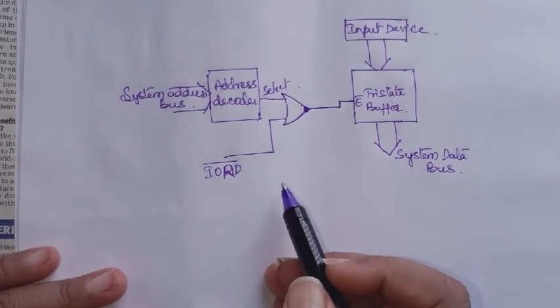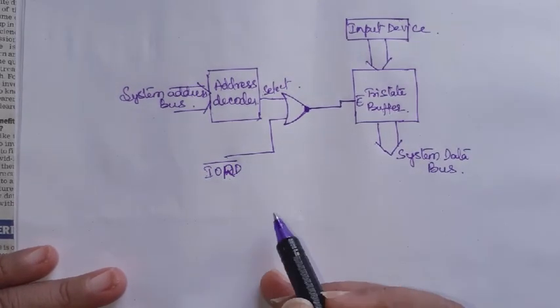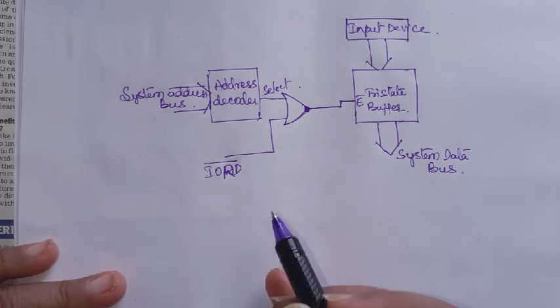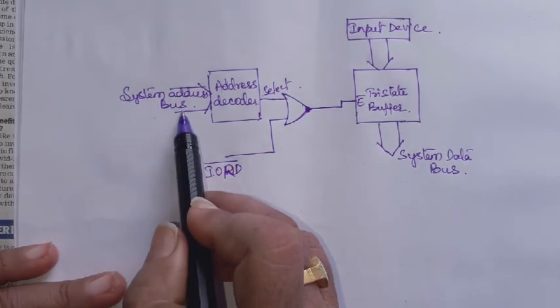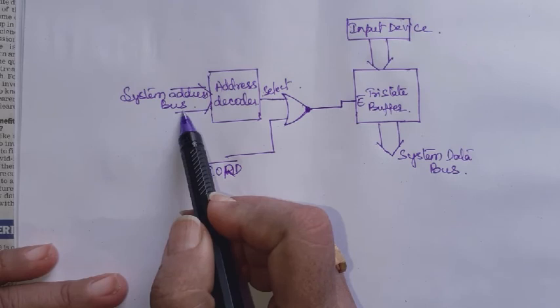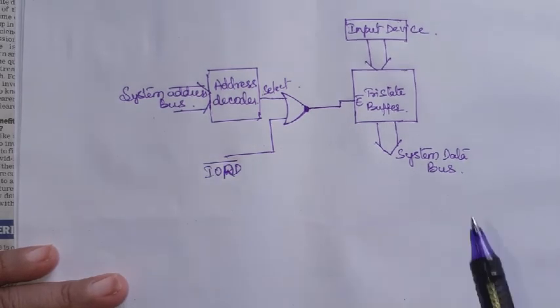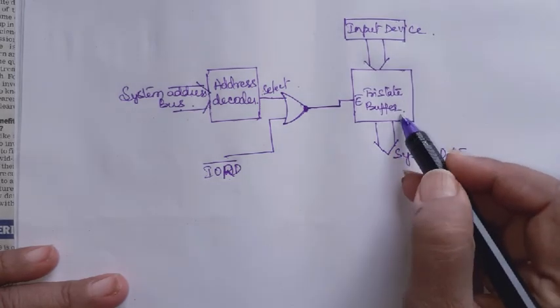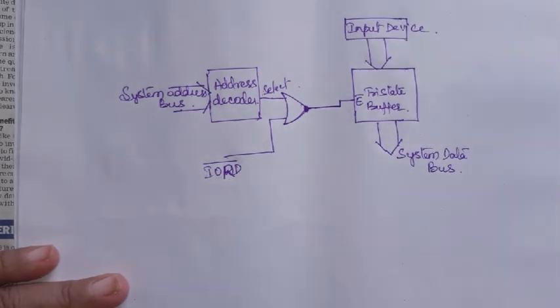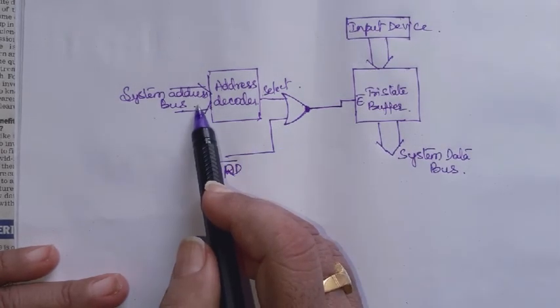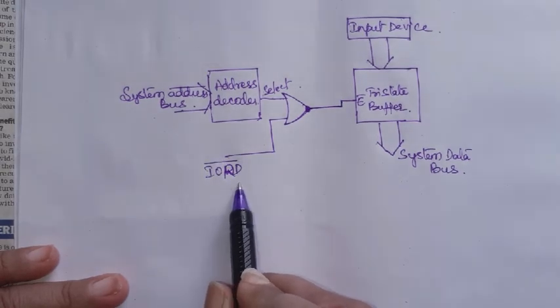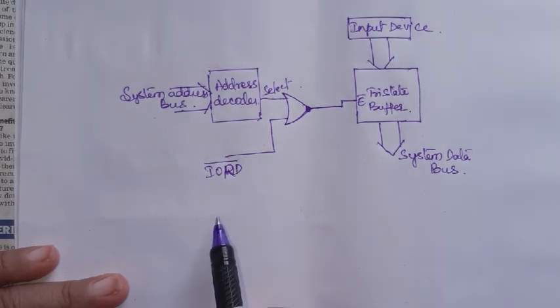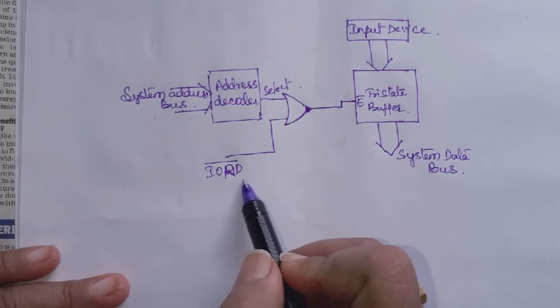Okay. So in case of when IN instruction is executed, the processor will place the address of the input device on the address bus and data will not be available. It is read. First the tri-state buffer must be enabled to read. So address is placed on the address bus and IO read signal is sent.